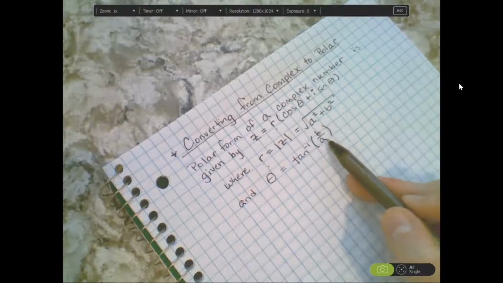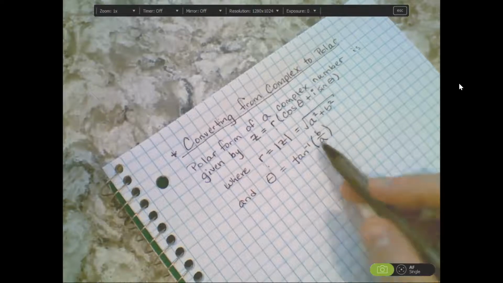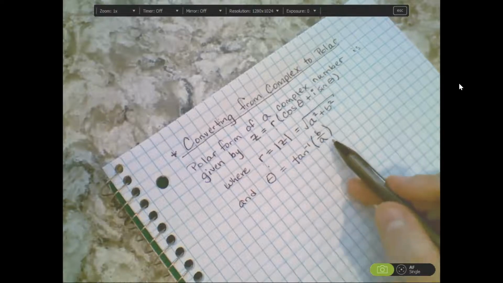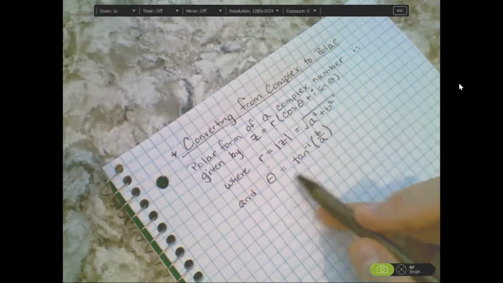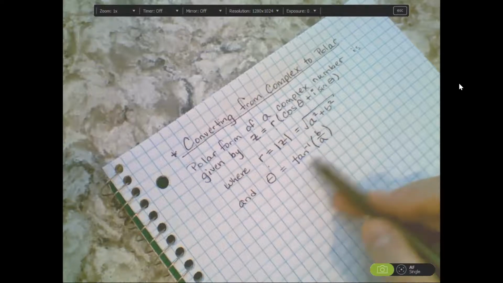So we're still doing that. We've just given our vertical and horizontal different names now. Instead of calling them x and y, we're calling them a and b, because that's the convention we use for complex numbers. But we're still doing the same thing we've done plenty of other times to find that missing angle. We're doing our inverse tangent.